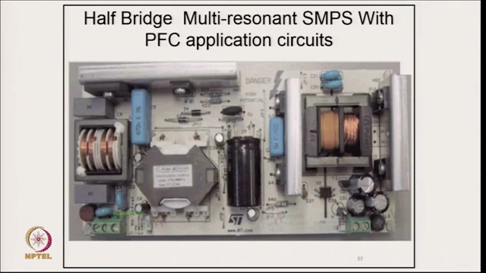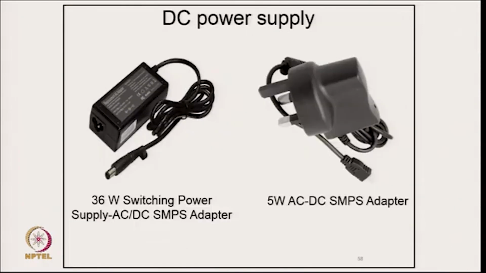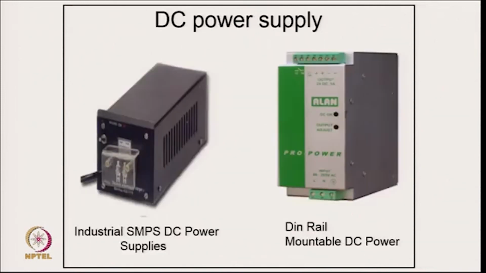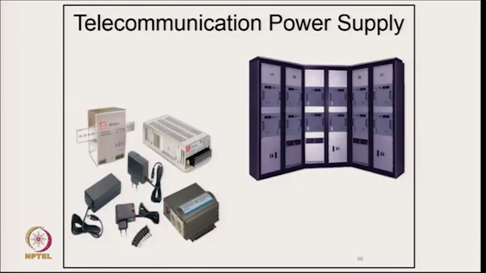So, this is a half bridge multi resonant switch mode power supply for PFC power factor applications, used in DC supplies like a 36 watt SMPS adapter or a 5 watt adapter, switch mode power supply for industrial use, or DIN rail mountable DC supply, or telecommunication power supply.